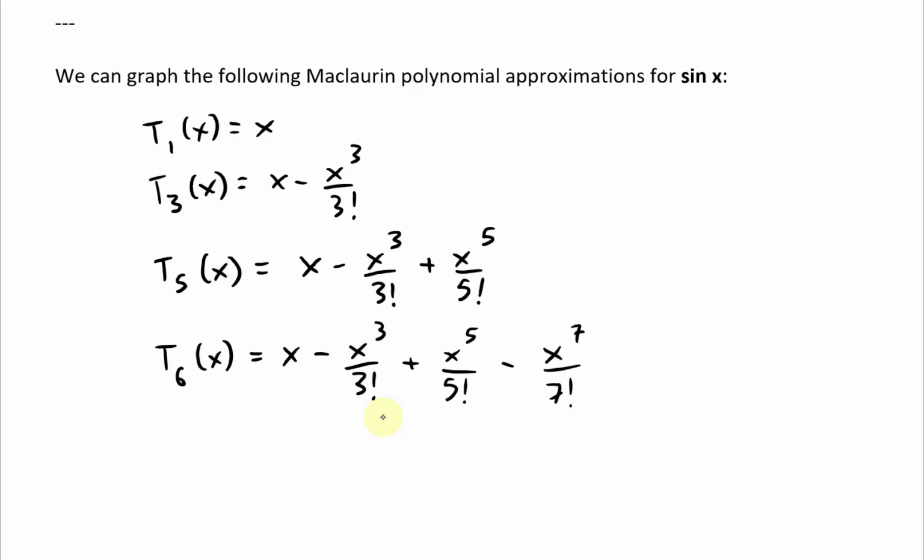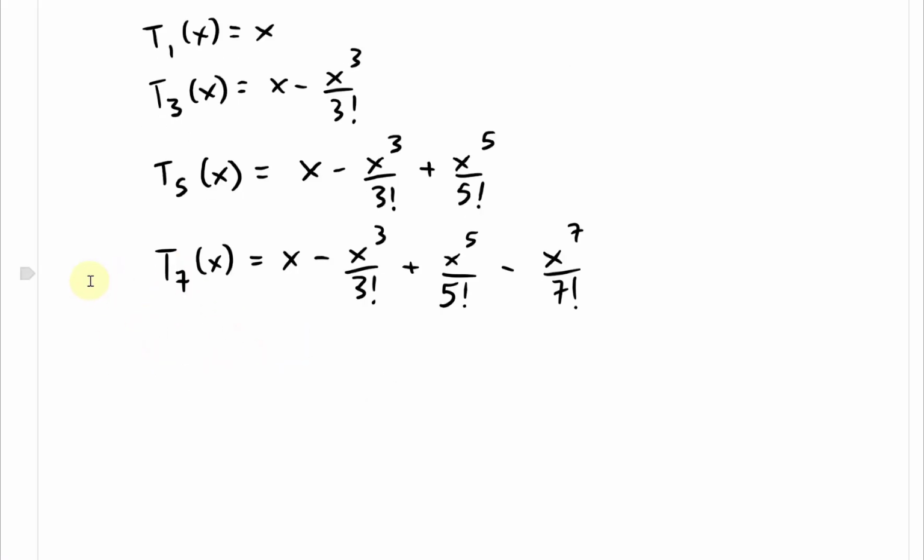And this is a 7, not a 6. This is a T5 or a T6 because the next one's a 0. So let's graph all of these out.